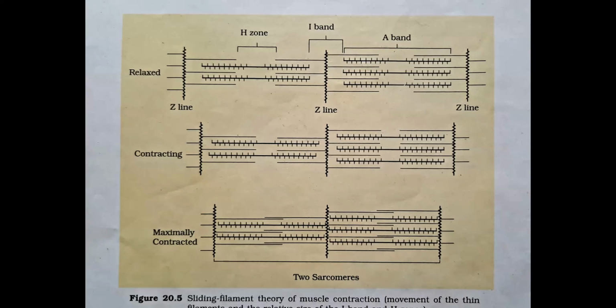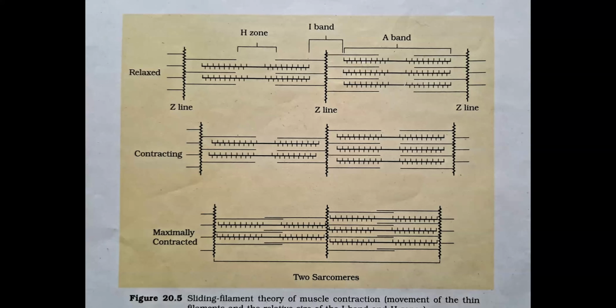While this muscle is contracting, certain changes take place in the muscle. Point number one, which one's length decreases? I band. Which one undergoes contraction? Actually, the sarcomere.